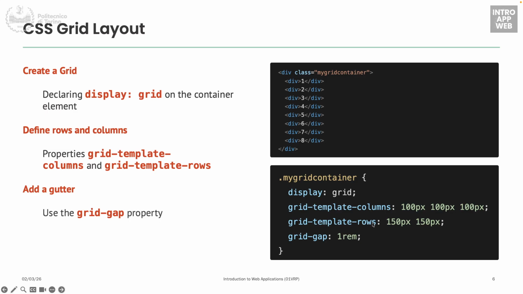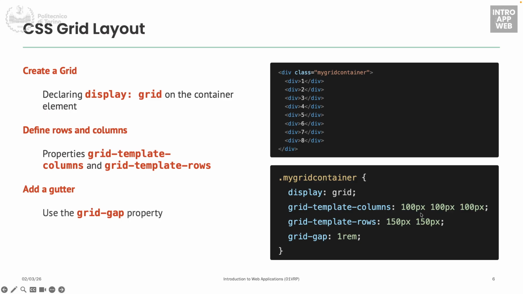What do you think these two properties mean? This one, for instance, has 3 values, right? And the other one has 2 values. So what can we infer from this? Six? Yeah, but why?